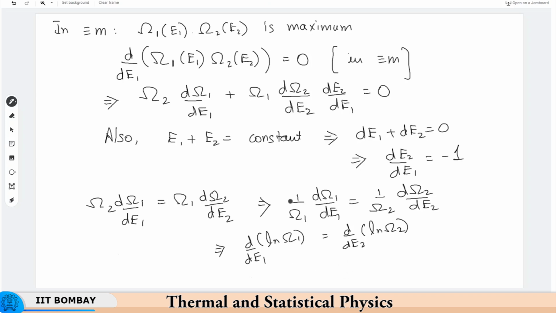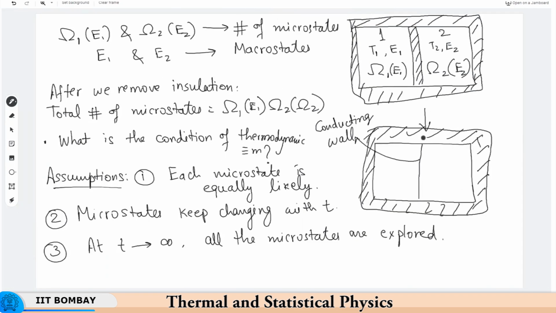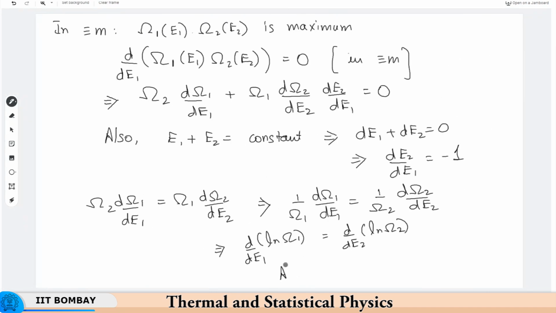So, remember, I already told you, when we let these systems exchange heat with each other, the equilibrium is established when the temperature T1 becomes equal to temperature T2, right. Also, the other condition of equilibrium is T1 equals T2. So, therefore, this quantity, which looks like the derivative of log of number of microstates with respect to total energy, has to be related to temperature, right.